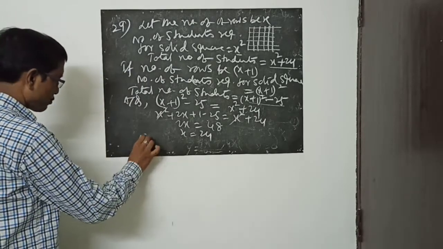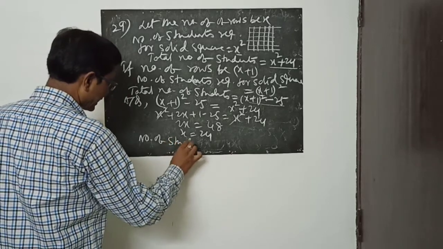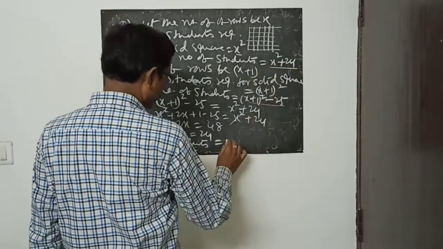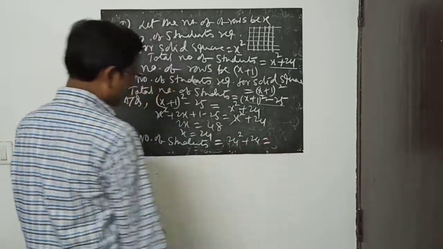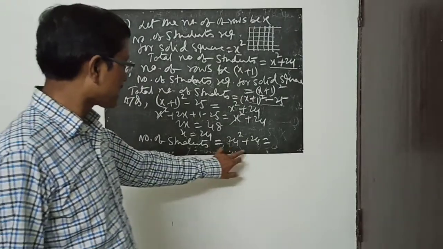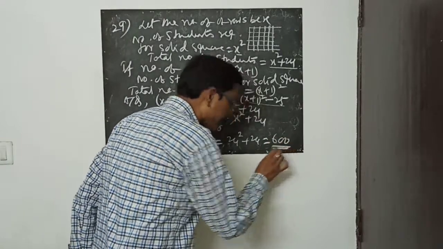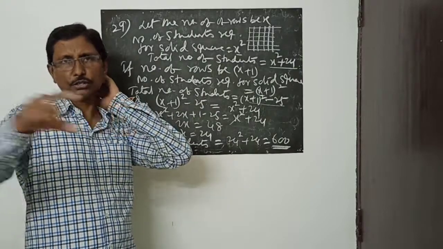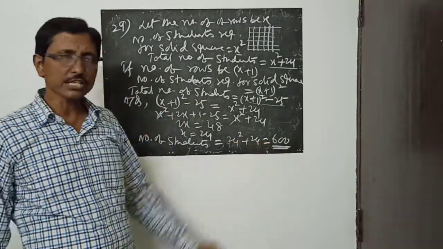Therefore, the number of students present there is equal to x square plus 24, which means 24 square plus 24. 24 square is 576, and 576 plus 24 is 600. So look, if he wants to arrange 24 rows, 576 are required, the total number of students is 600.